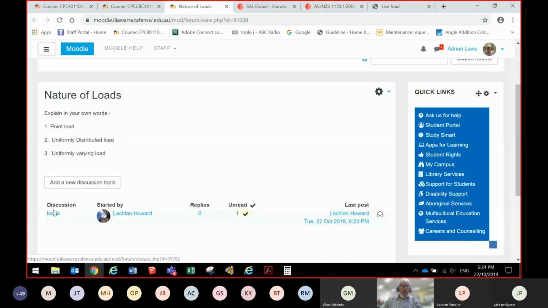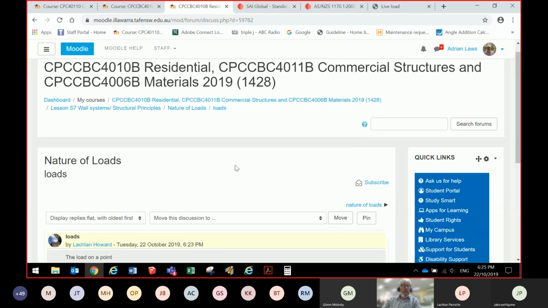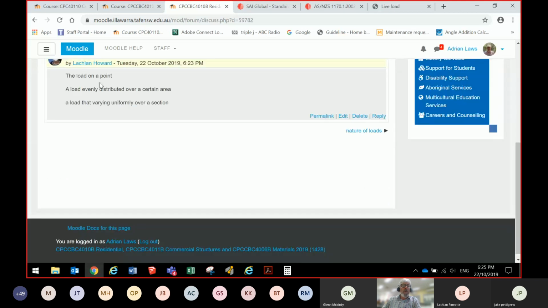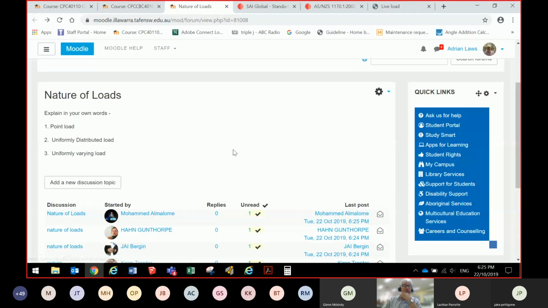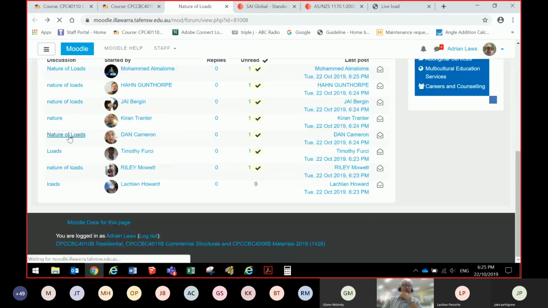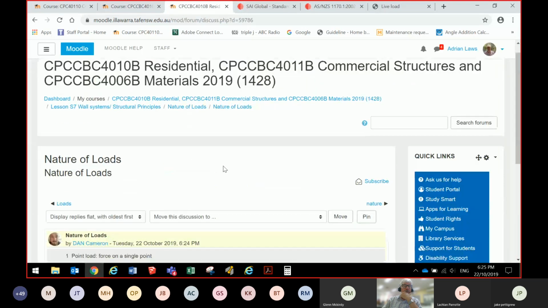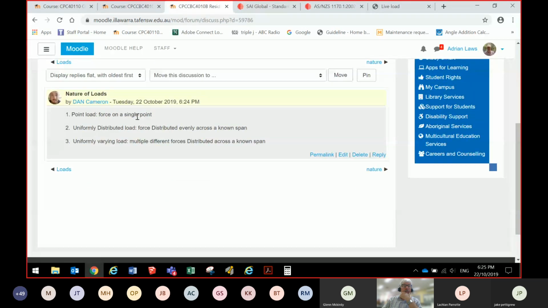Okay, the first one there was Lachlan. Let's have a look at what Lachlan had to say. Load on a point, load evenly distributed, load varying uniformly over a section. Yep, that's good. Okay, Dan says here, point, distributed across a known span, distributed evenly.